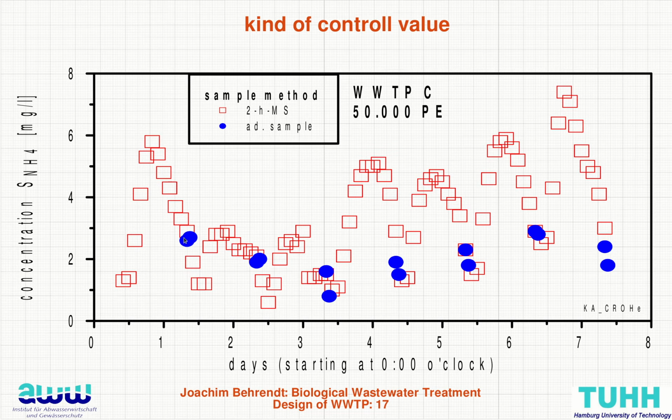So you also have to go there at midnight, randomly, to take the samples to get a good example. I'm a fan of 24 hours mean values, because this represents the emission to the receiving water body best.